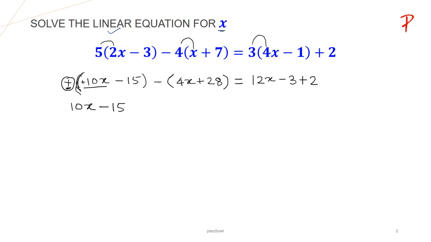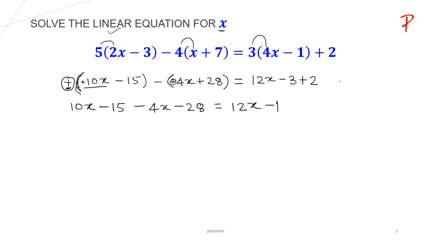Here we have a minus sign, and before 4 there is nothing, that says there is plus. So when minus is multiplied by plus, this becomes minus, and 4x we will write as it is. Again, when minus is multiplied by plus, there is a minus sign and 28. This is equal to 12x minus 3 plus 2, which is minus 1.